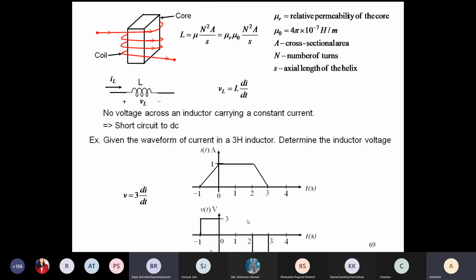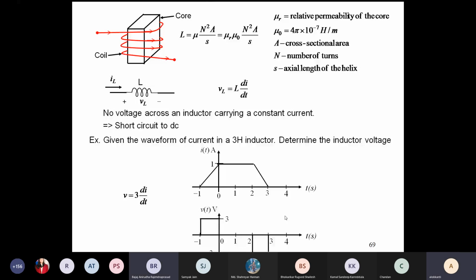Sir, I have a doubt. When the current increases from -1 to 0 in that time interval, the voltage is constant at 3. Then suddenly it decreases to 0. Does it attain values between 3 and 0, or does it go directly to 0?